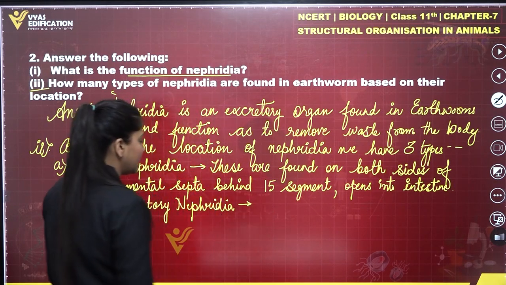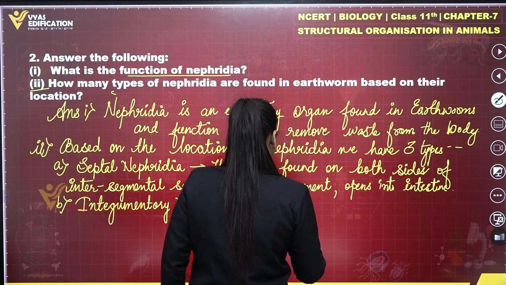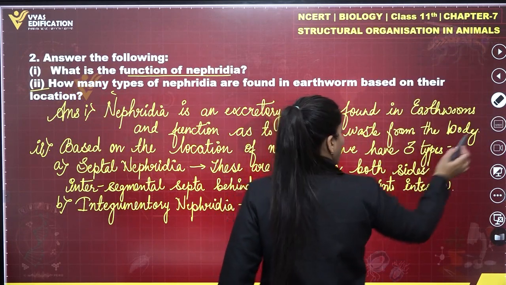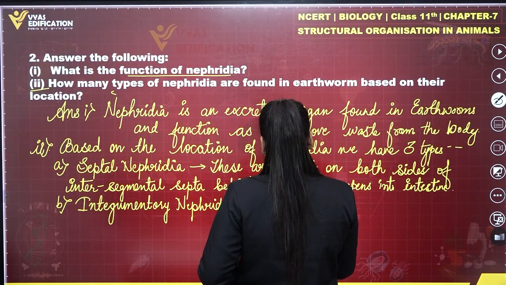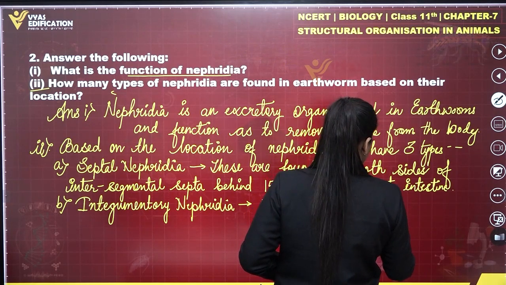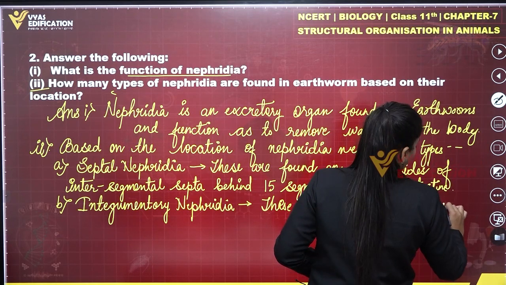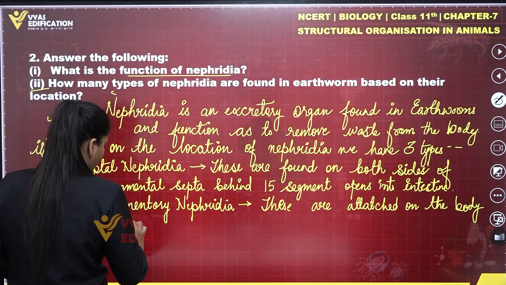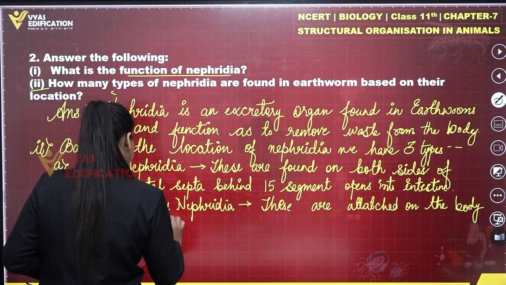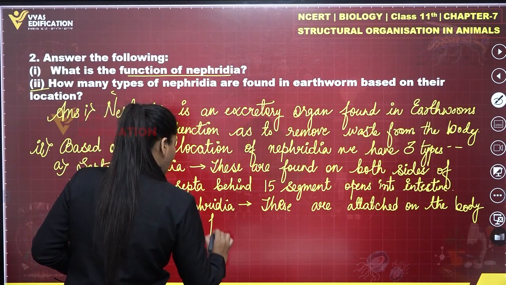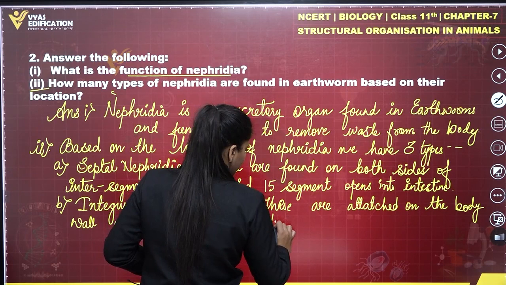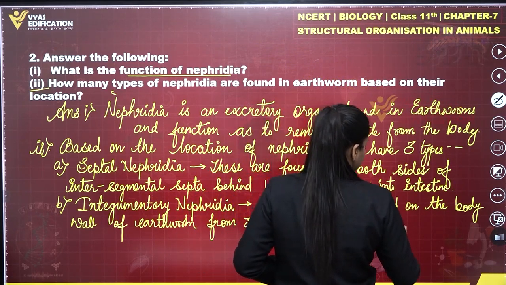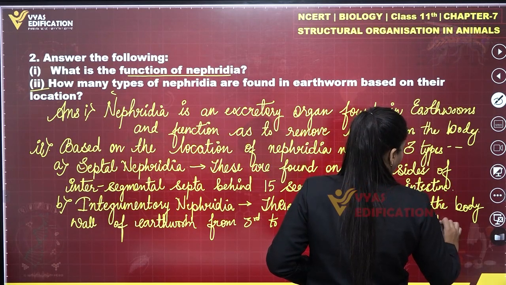If we talk about the location of this nephridia, these are attached on the body wall of earthworm, from the third to the last segment, and it opens to the body surface.